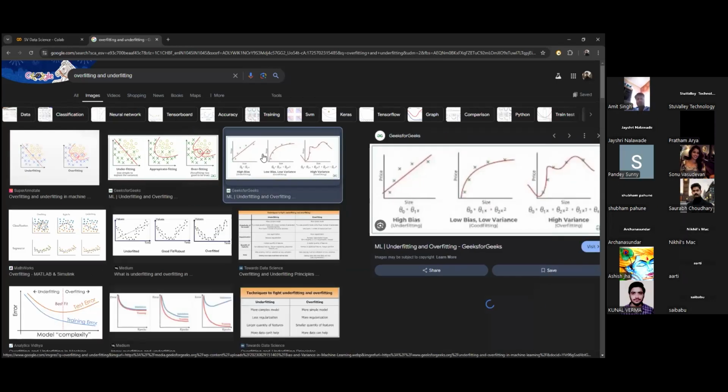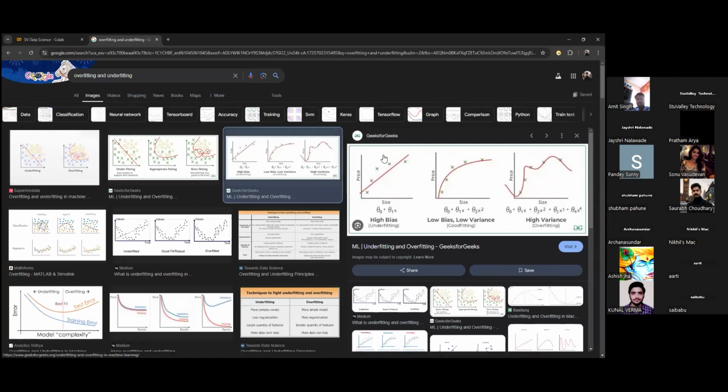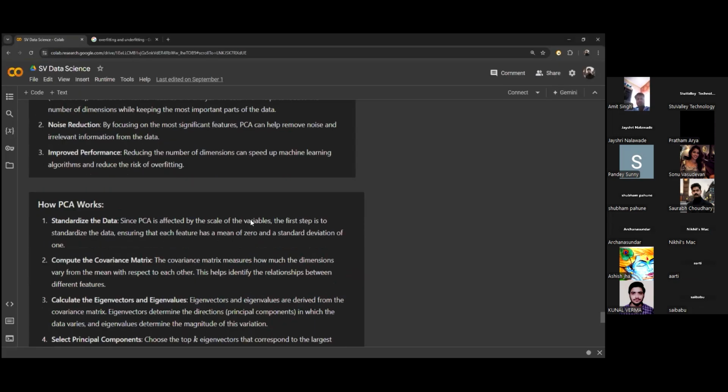Due to this we face high variance, high deviation in the output.